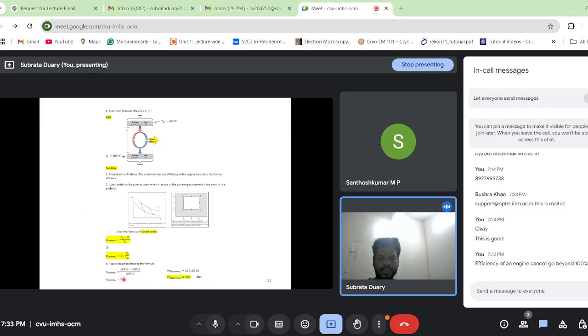So here the efficiency is 1 minus 300 by 600. So this is the value of half. 1 minus half equal to 0.5. And this is 50 percent.